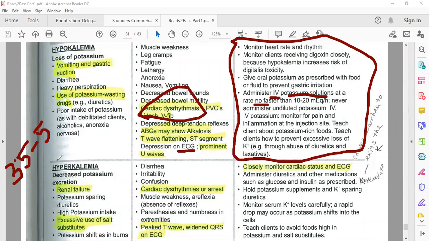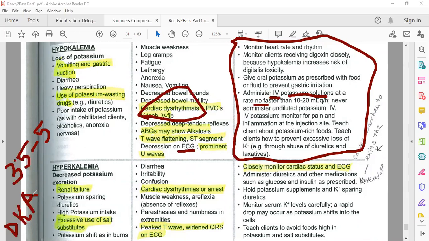Now let's focus on hyperkalemia. The most common cause of hyperkalemia is uncontrolled diabetic ketoacidosis, shortly called DKA, right? A diabetic ketoacidosis patient has a chance of developing hyperkalemia.